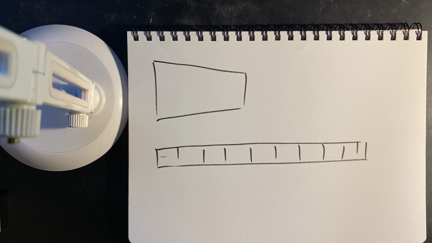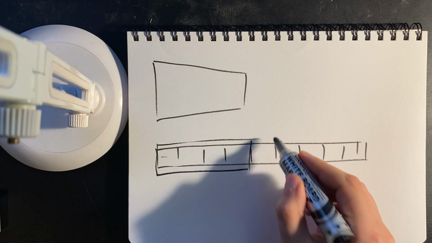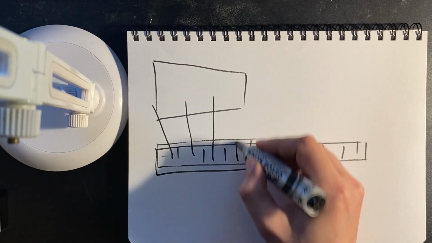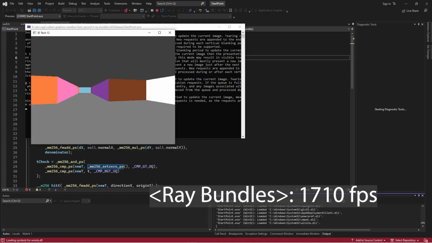So what if we shoot bundles of rays instead of a single ray? Let's say we take 4 at a time, and we shoot those 4 rays all in one go. Now, I have AVX2, so I'm actually shooting 8 rays at a time. That's got to do something. So what does that do, shooting 8 rays at a time?